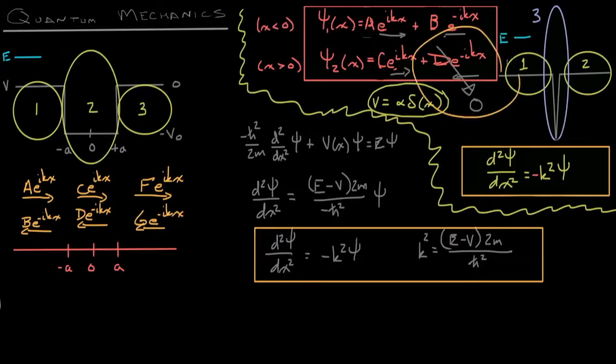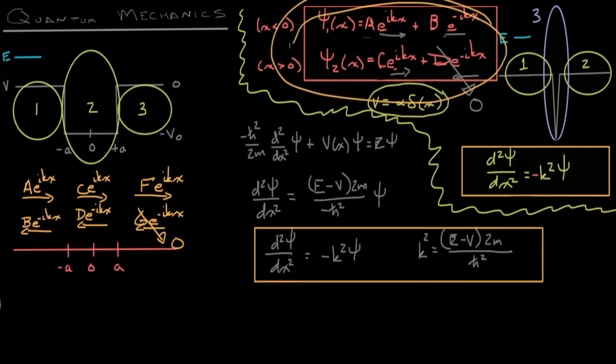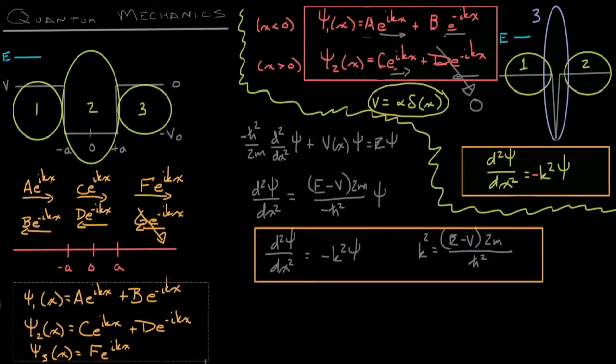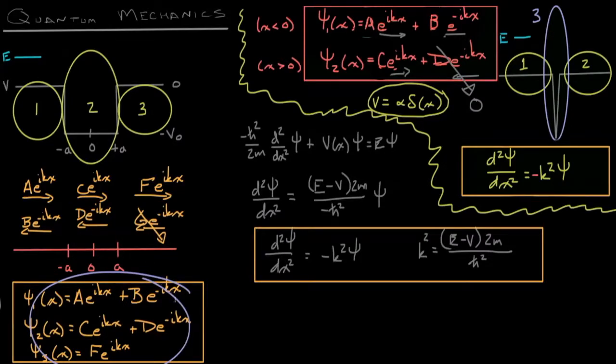And just like we did here, we know that this G is going to go to 0. You can't have some random wave coming in from infinity. So this leaves us with something very similar to what we saw with our infinite delta potential well. Just looking at the wave equation solutions for each region, we're left with these three equations, which we can use to identify transmission and reflection ratios the same as we did before, simply by bringing in our boundary conditions and using these three equations here.